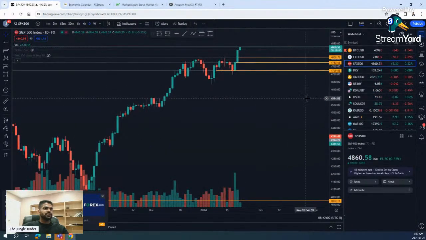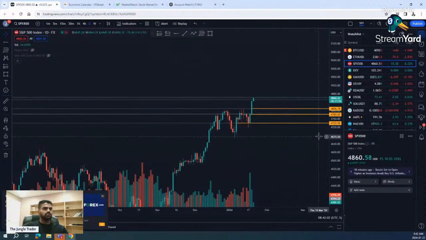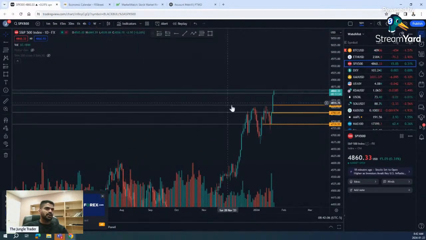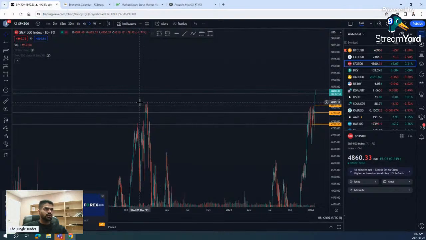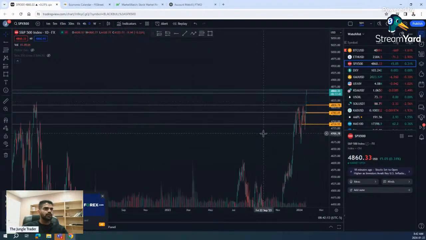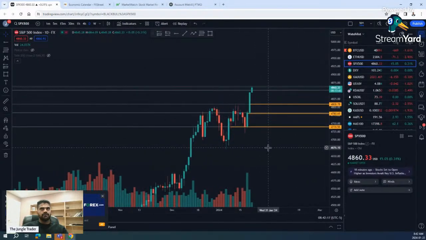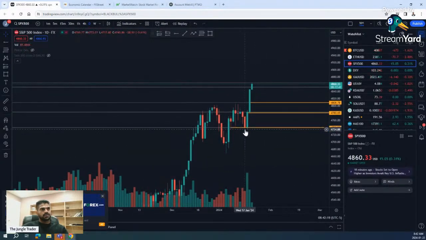And on the S&P 500, we did break out of this high here, which we were holding. This is the all-time high. Let me tell you, the 48.20 right here was the all-time high, and once that breakout happened, there's no looking back. Just understand that based on the PMI, if it's in favor of the markets, this range could just continue. We're going to get a nice push, like maybe 5-6 green bars going up, right?